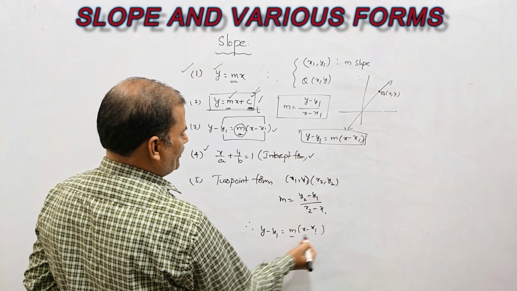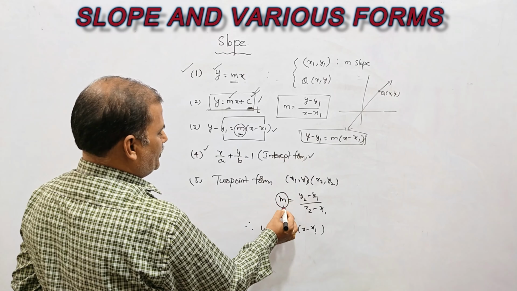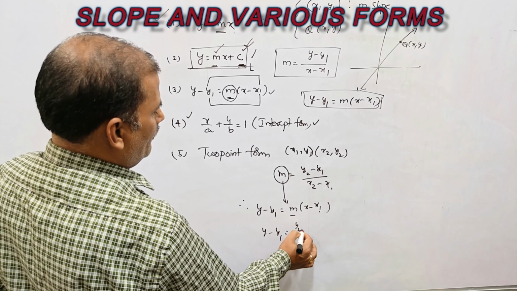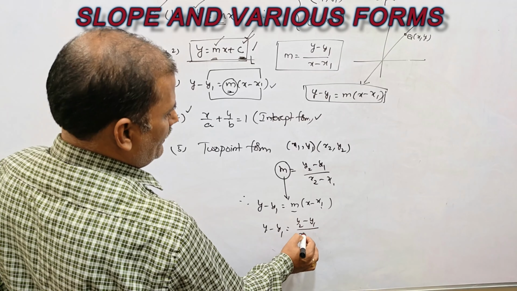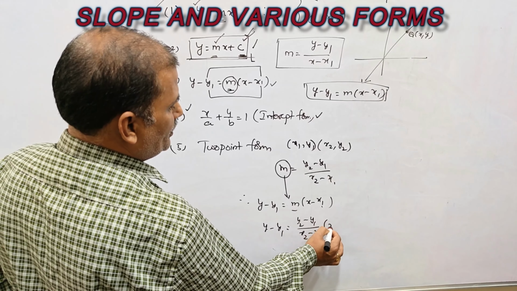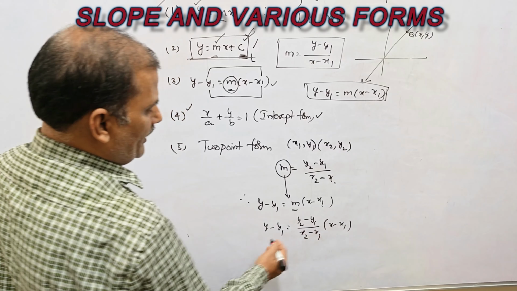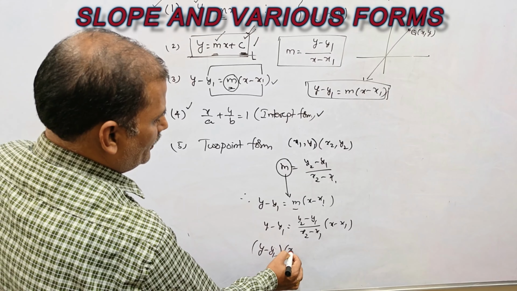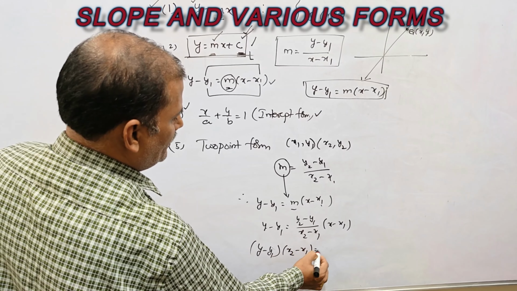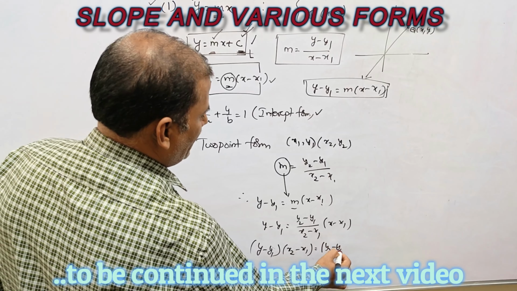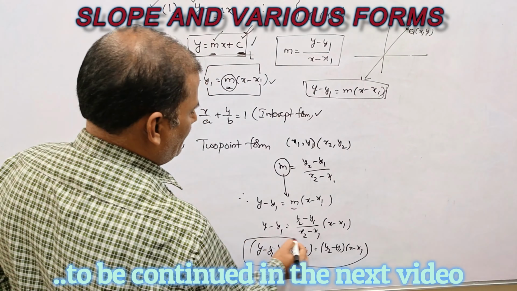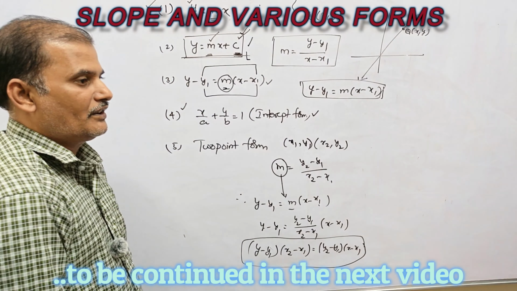Whenever slope and point are given, just substitute the m value here. y minus y1 is equal to y2 minus y1 by x2 minus x1 into x minus x1. By cross multiplication, y minus y1 into x2 minus x1 is equal to y2 minus y1 into x minus x1. This is the notation when 2 points are given.